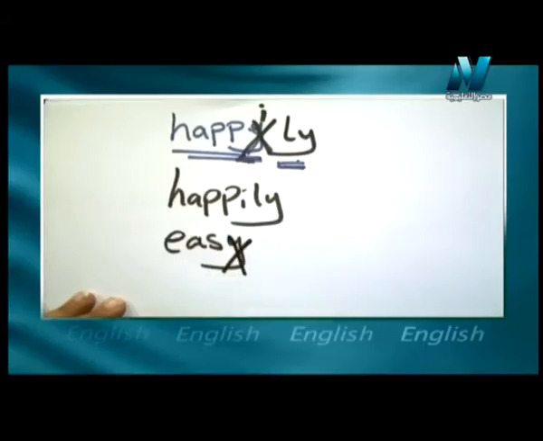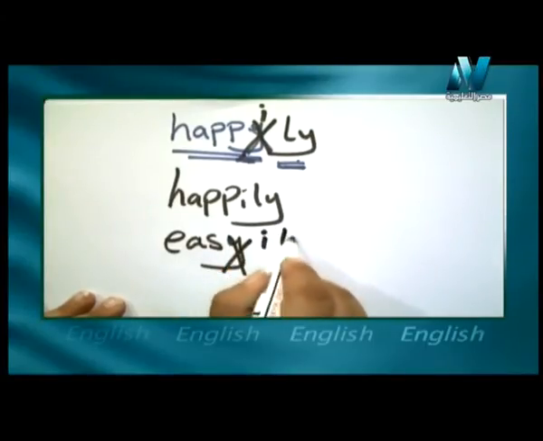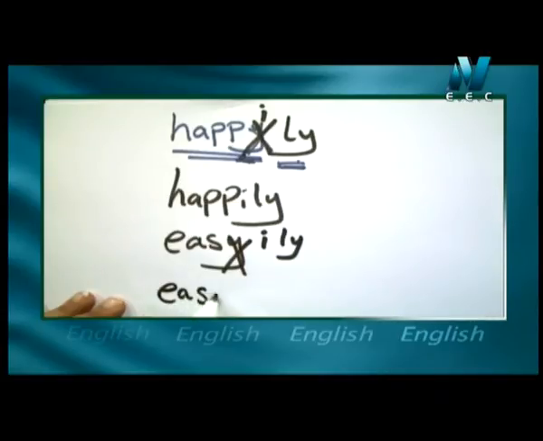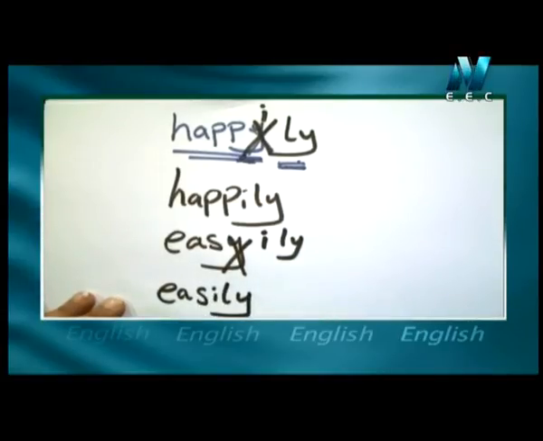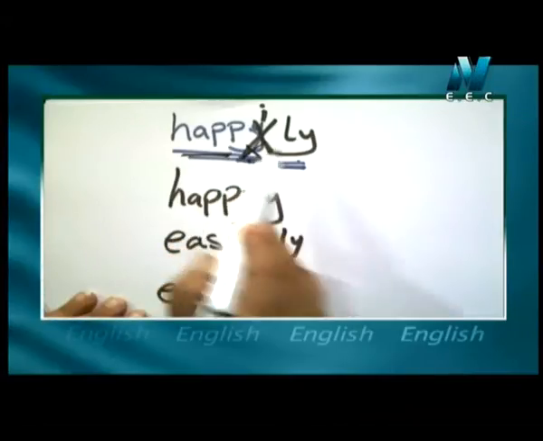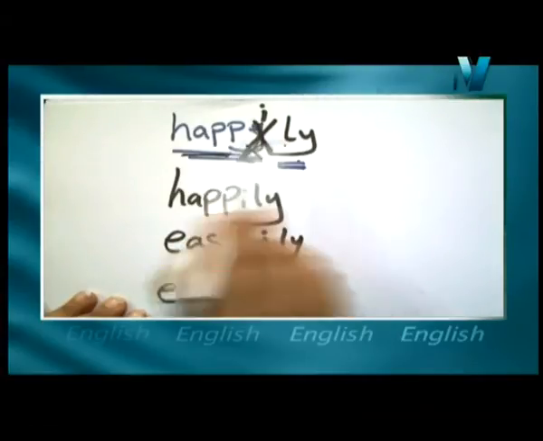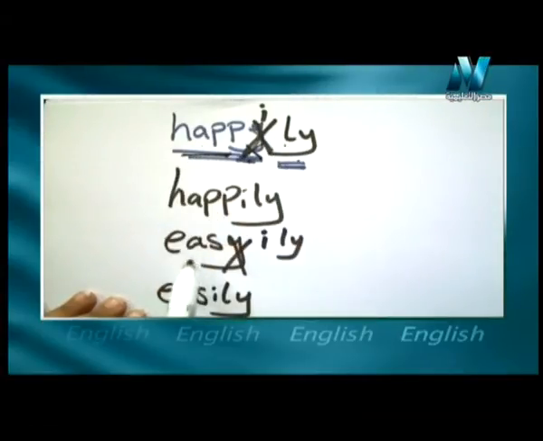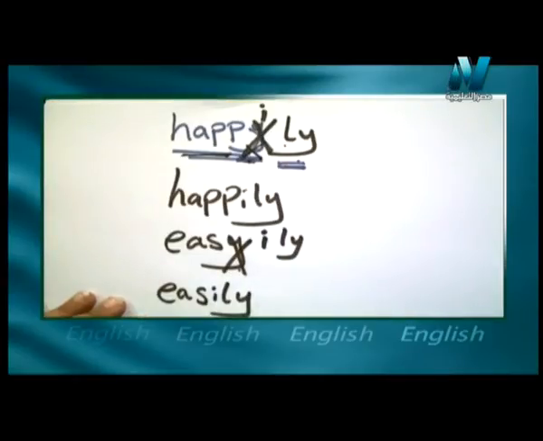Here I have the word easy and it is an adjective. I want to make an adverb. I will take the y, put i and then ly. It's going to be easily. So if I have an adjective and I want to form an adverb from it and it has y, I'm going to cross out y, put i and then ly, like happy, happily, easy, easily, and so on.